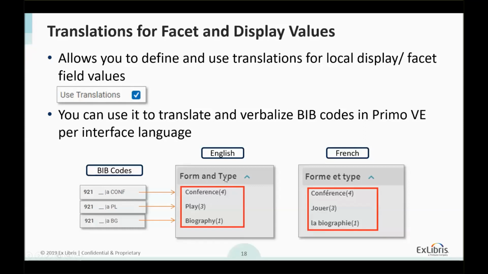In this example, you can see that it's presented in the facet values, but it can be the same also in the display of the record. So we have translation for English and for French, and you can see that based on the interface language, the value is different. So this is also an additional option for normalization.